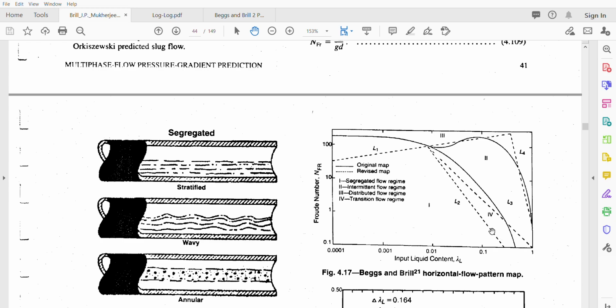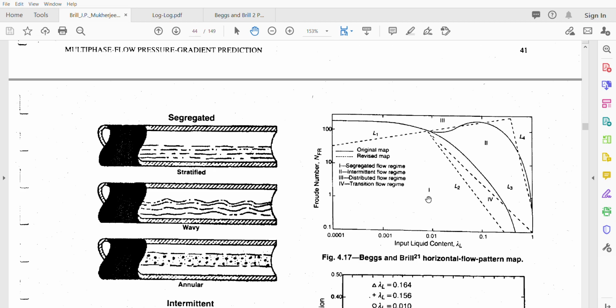The second constraint is this area, not this area, so down to the bottom. So these are the two constraints for segregated.